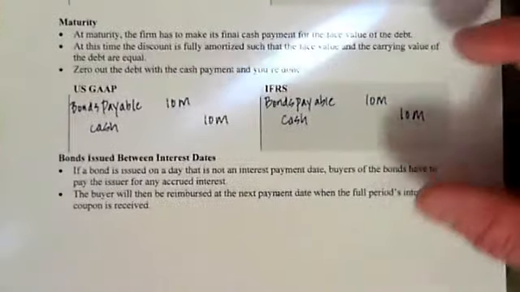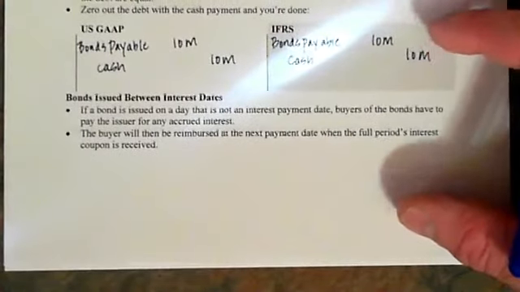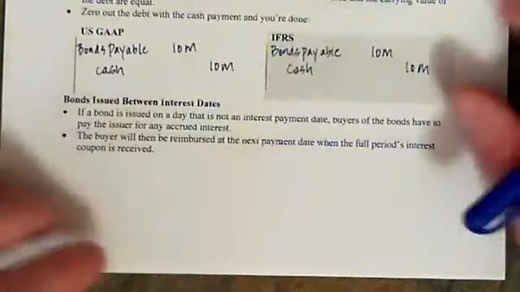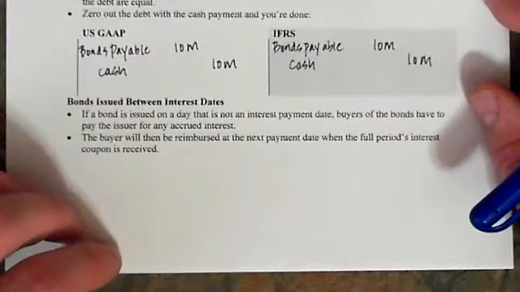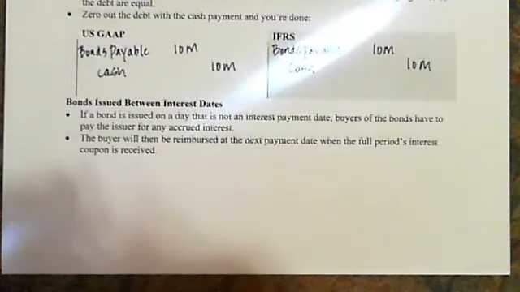Pretty easy and straightforward. So for bonds issued between interest dates, this is going to be extremely similar to the idea of selling a debt investment prior to or after it's paid interest, and we have to adjust for the accrued interest. So in this case, for example, we'd be issuing a bond maybe in October, and it pays its interest in December.